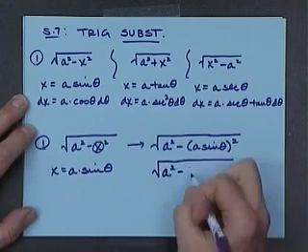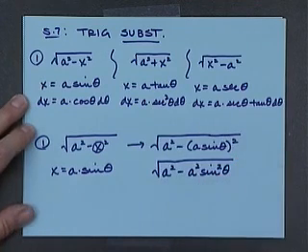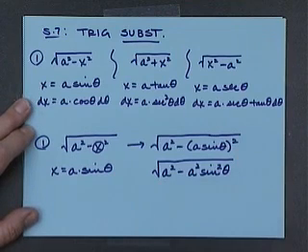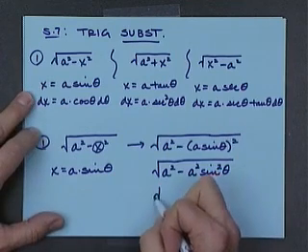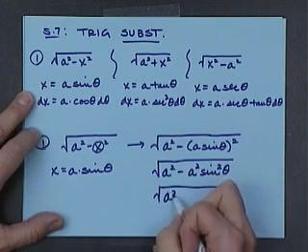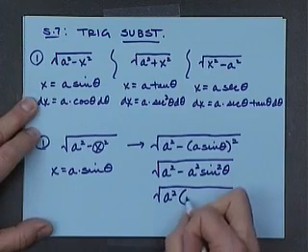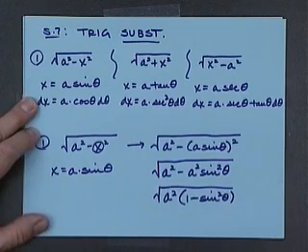So a sine theta squared is a squared sine squared. What can be done with that? A squared can be factored out of these two terms under the radical, and it leaves what? 1 minus sine squared.